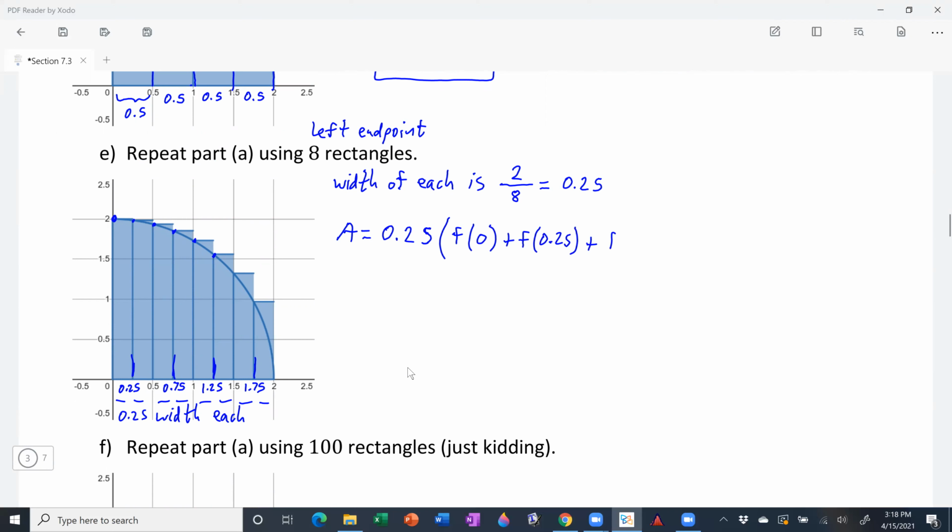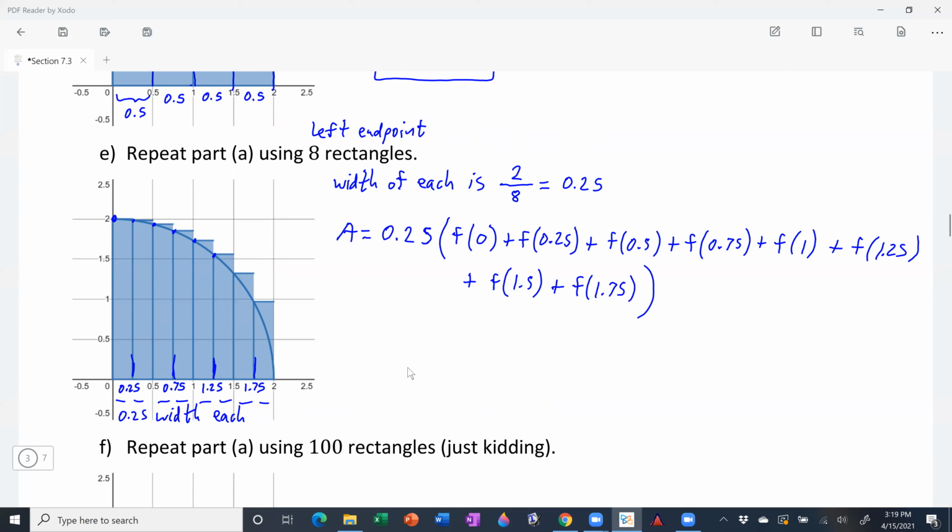Then we had 0.5. Then we had 0.75 and 1 and 1.25. 1.5.